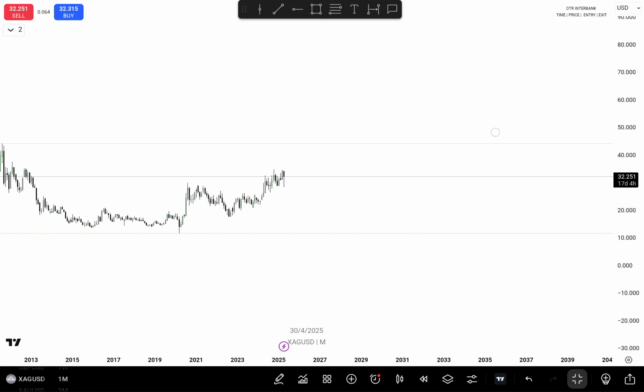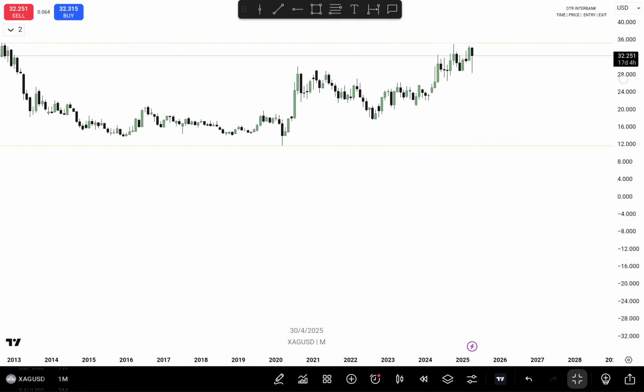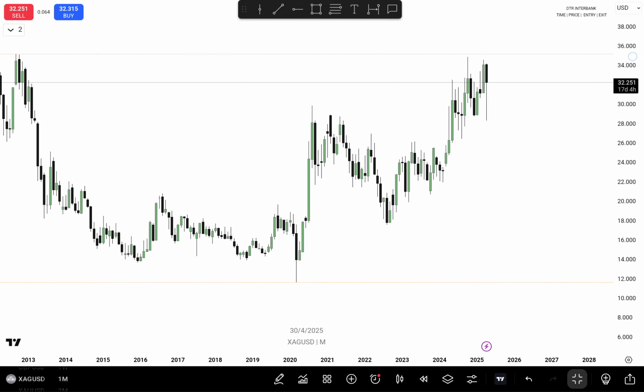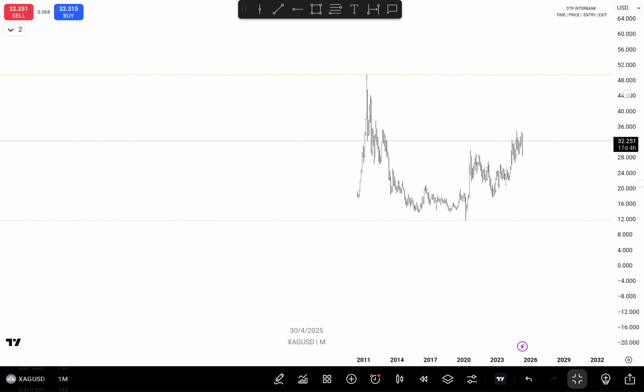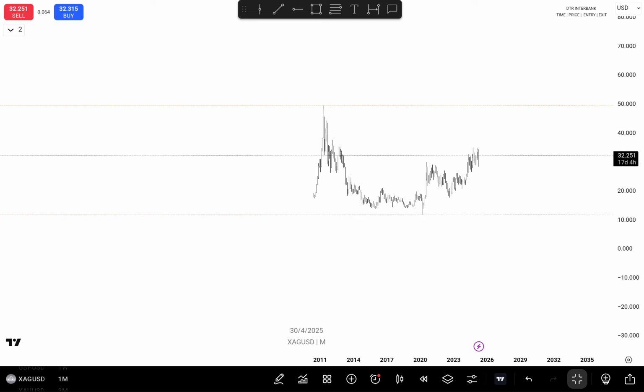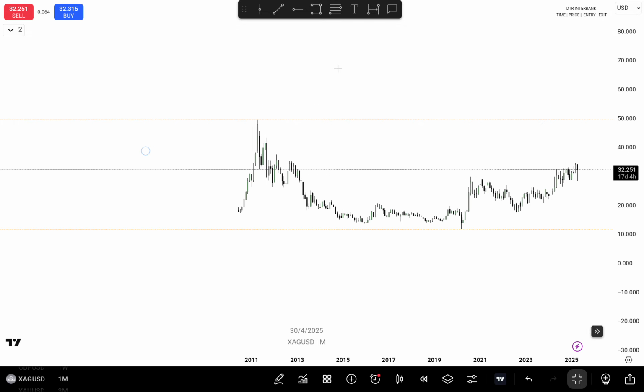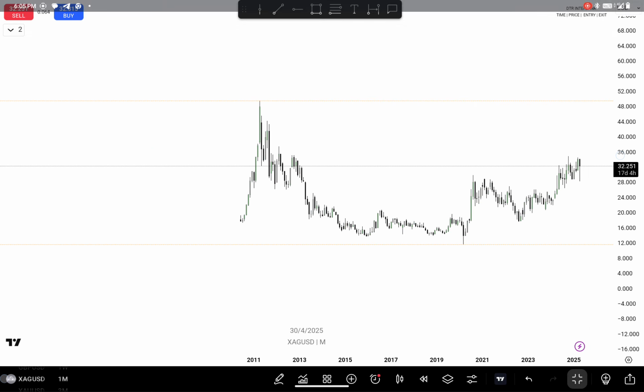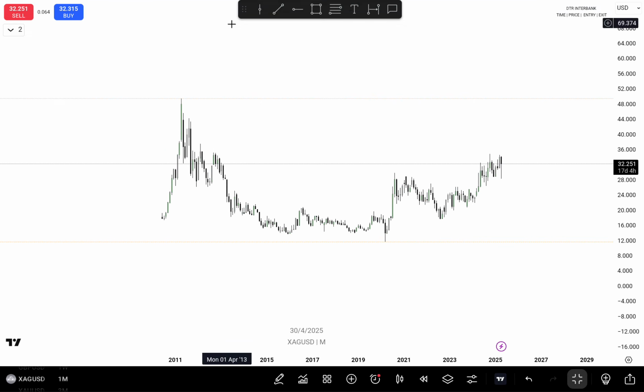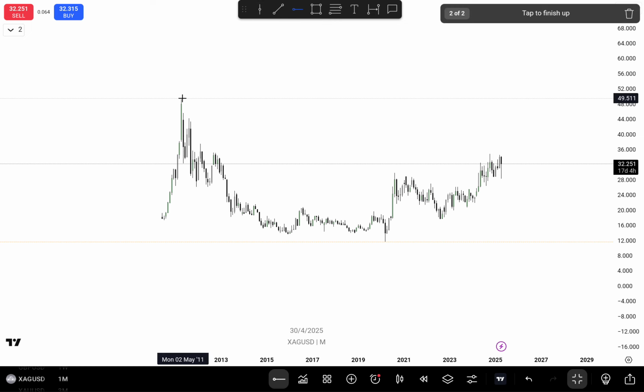Let's zoom in a little bit. Before that, looking at this chart, we want to know the highs and lows, the obvious highs and lows. So I got one here.